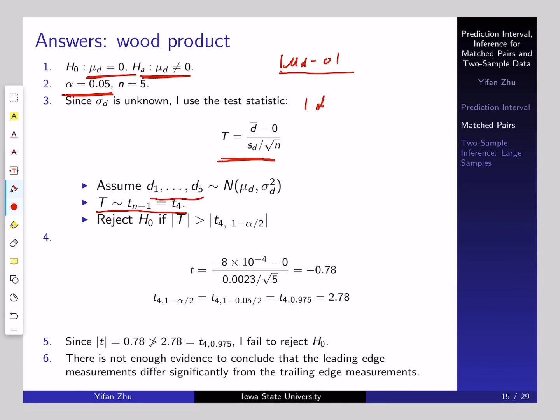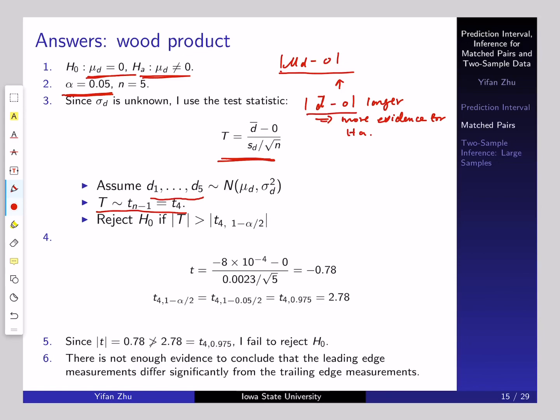So there should be more evidence supporting the alternative when d bar minus 0 is large. D bar is an estimator of the true mean mu d. There should be more evidence for HA if this is large.